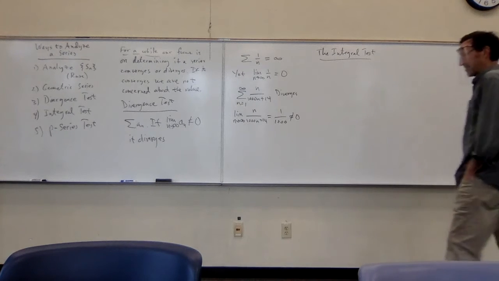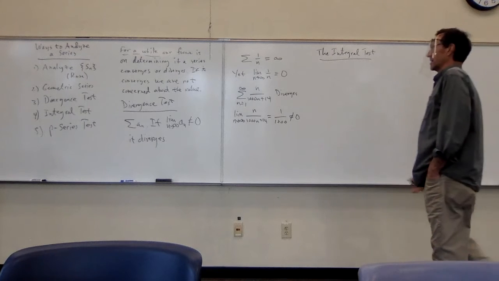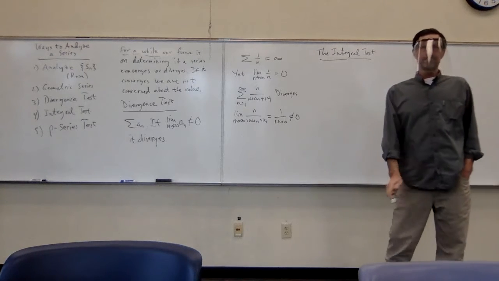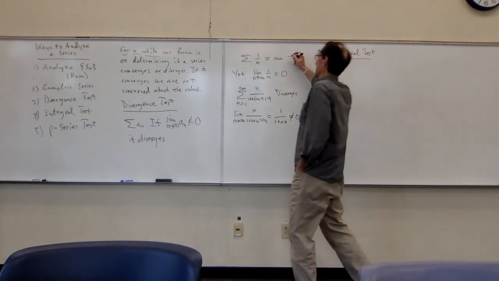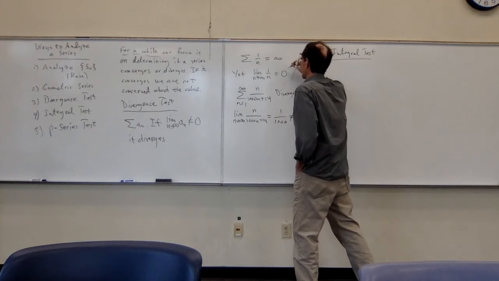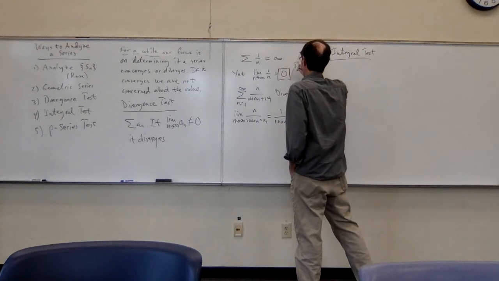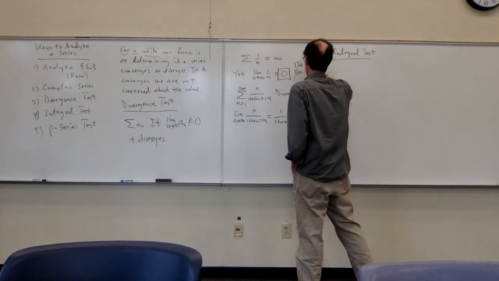Noah: I'm still kind of confused on the 1 over n. It diverges to infinity, right? The series does. So the lesson here is, if the limit is 0, the divergence test fails.